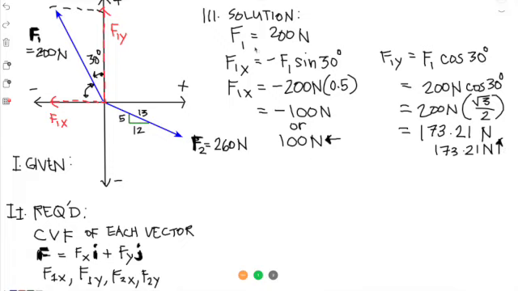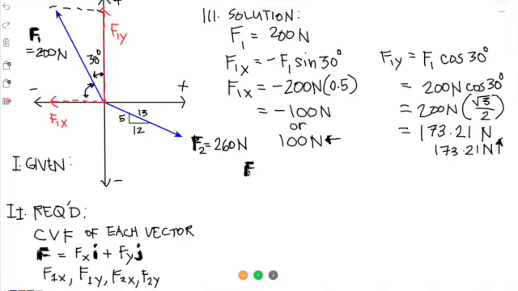Okay, so to write the Cartesian vector form of force 1, remember, when you're writing vectors, that should be in boldface. So here, I will just write it this way.